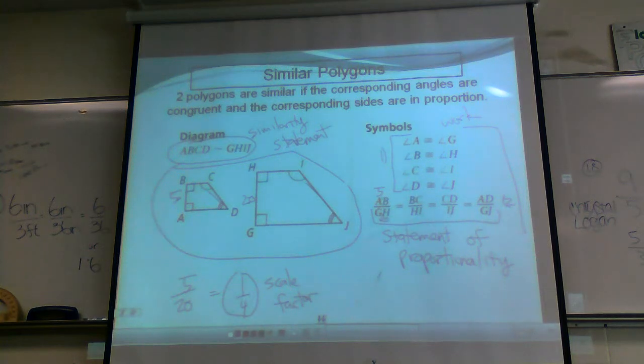There'll be values for each side if the question is, are they similar? Once you get the numbers plugged into this statement of proportionality, you reduce them. If they all reduce to the same thing, the shapes are similar. If they don't reduce to the same thing, they're not similar. That's it. That entire work is everything you have to do for right now for saying, are these polygons similar?